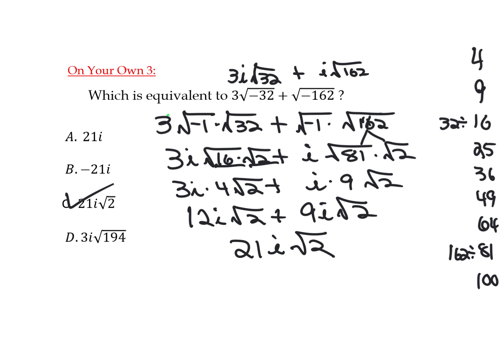And over here, I can simplify the square root of 81 to be 9. So when I multiply 3i times 4, I get 12i times the square root of 2. i times 9 gives me 9i times the square root of 2. And because what's inside the radical is the same, I can combine them together, and I'm going to add 12i plus 9i to get 21i times the square root of 2.